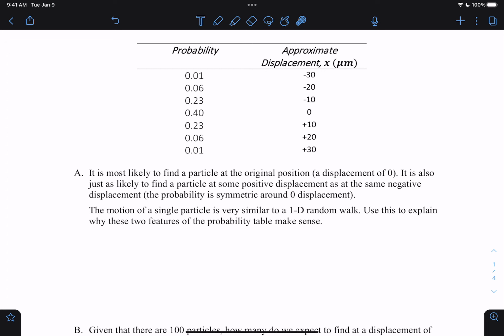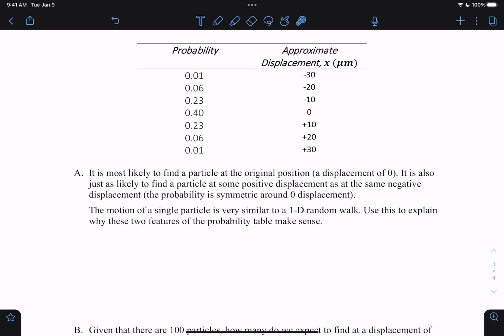So you're most likely to find a particle at a displacement of 0 if you have so many trials. But if you only have a finite number of trials or particles, your average displacement will be approximately 0. It won't be exactly 0.